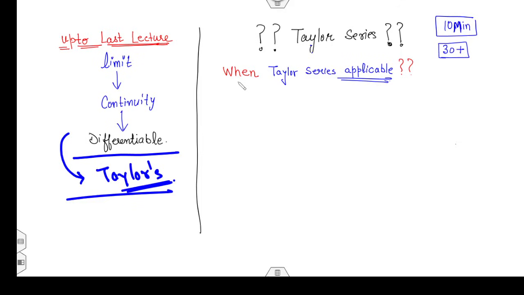The first question is, how do you know the Taylor series will be applicable to a particular problem? If for any function f, its derivative, its second derivative and so on, all the derivatives and the function itself are continuous and differentiable at the point x equal to a. And how can you check whether the function is continuous and differentiable?